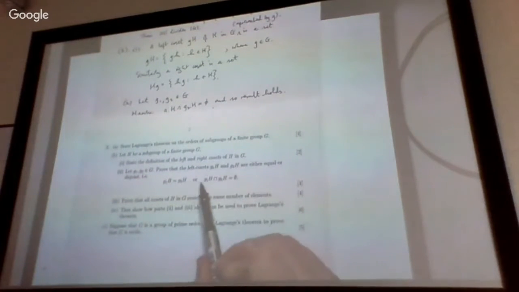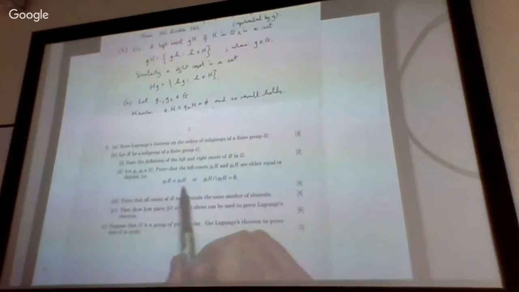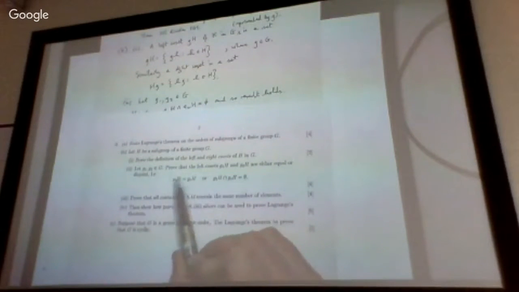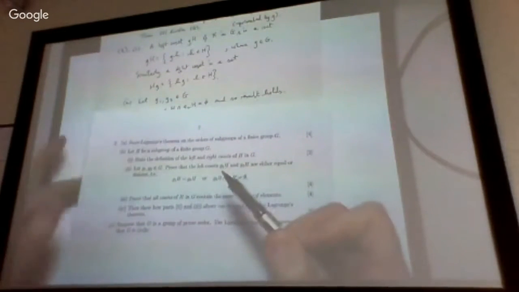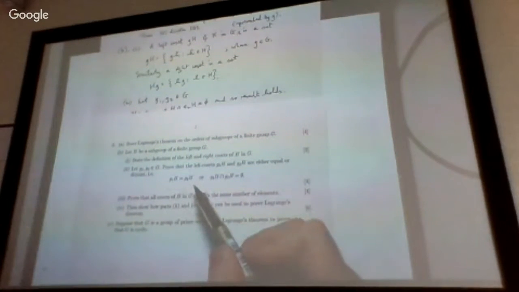You might think you could equally well prove it by assuming the negation of G1H equals G2H, and try to show that implies the intersection is empty. But I think that would be quite awkward to do. I don't think it would fall down onto the page quite as nicely.